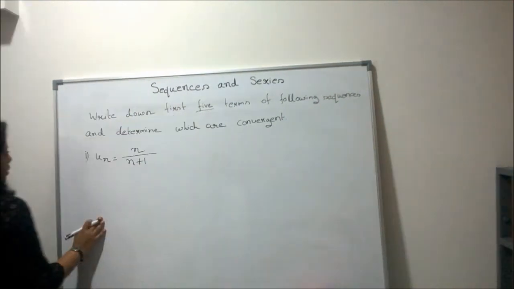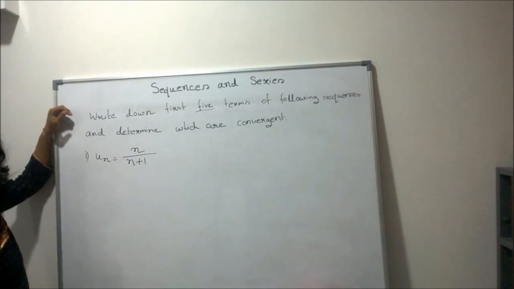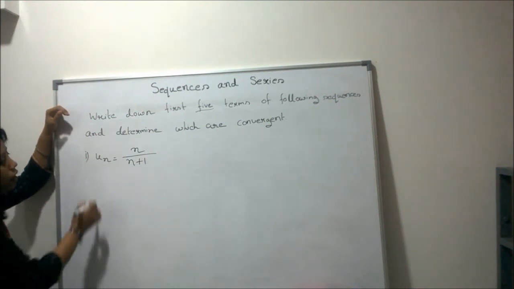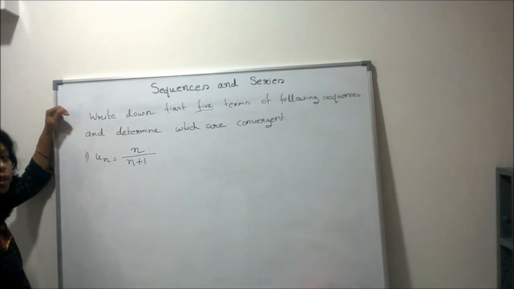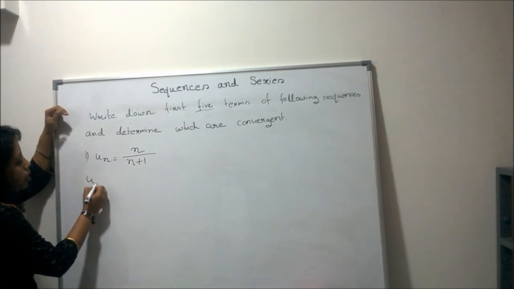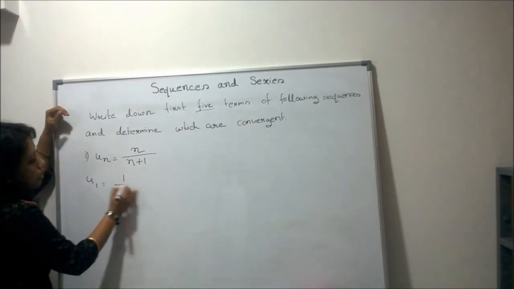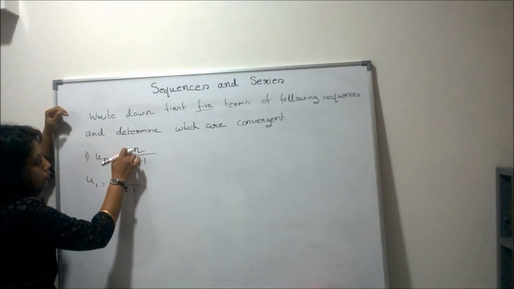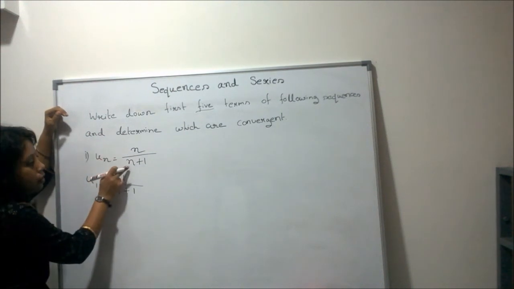Here also we have to find the first 5 terms for this sequence. So in a similar manner, we will take n from 1 to 5. So u1 is here 1 by 1 plus 1. In place of n, we are putting 1.